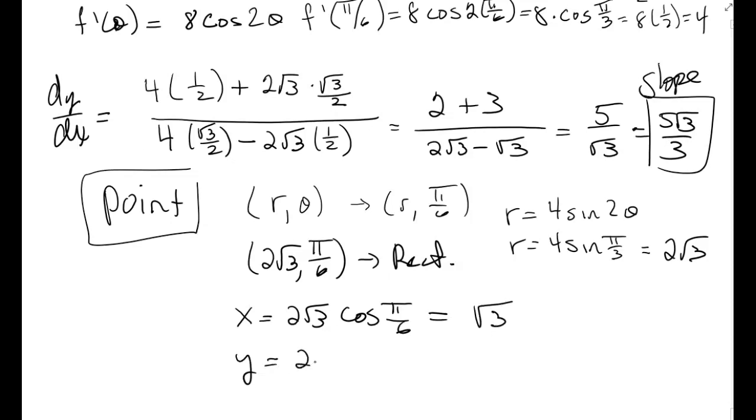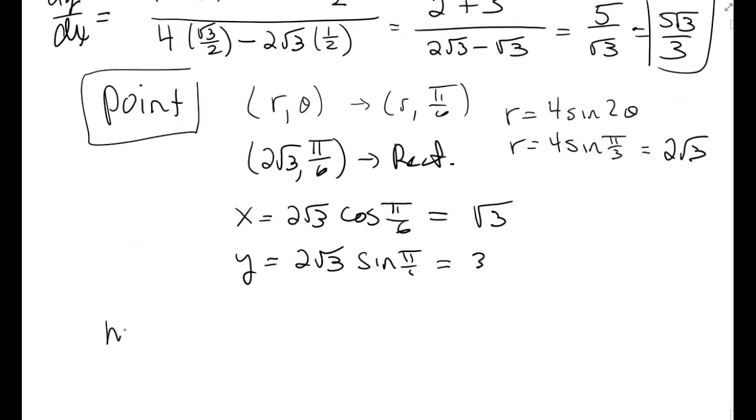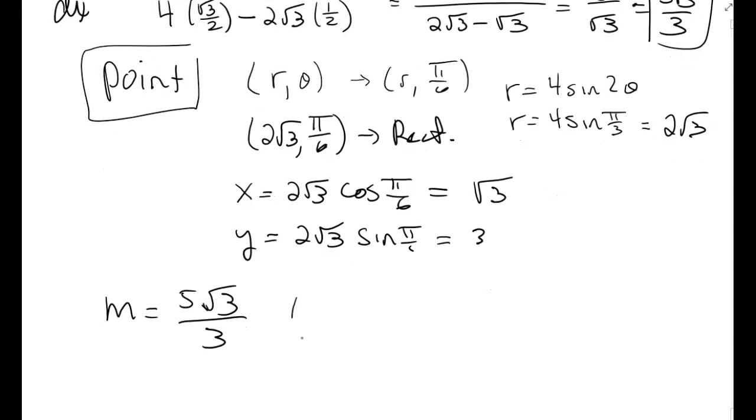And y equals radius sine pi over 6. And if you do all that work, you get 3. So now what do I got? I got a slope of 5 square root of 3 over 3, which is what we found when we did all that, at the point radical 3, 3.